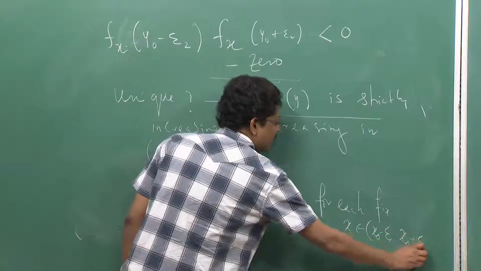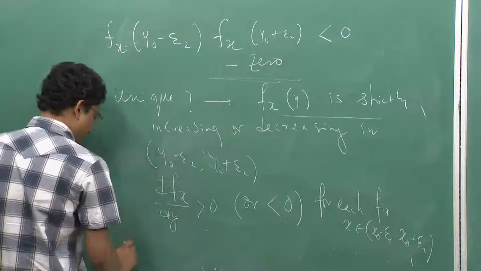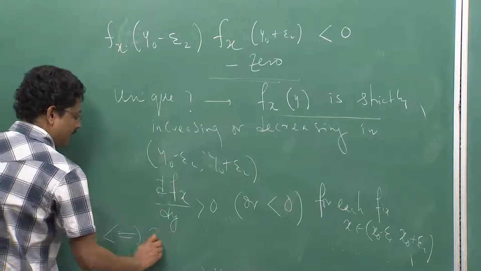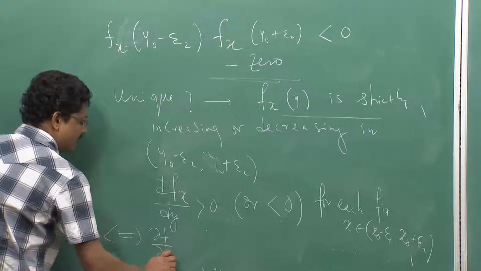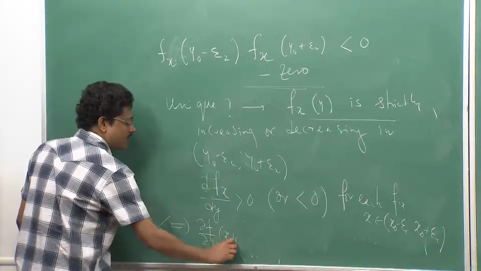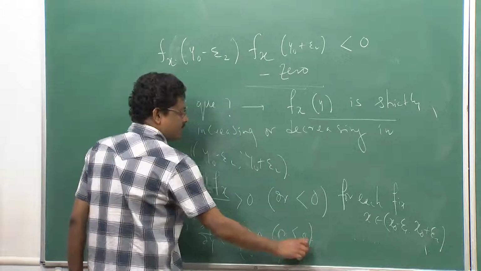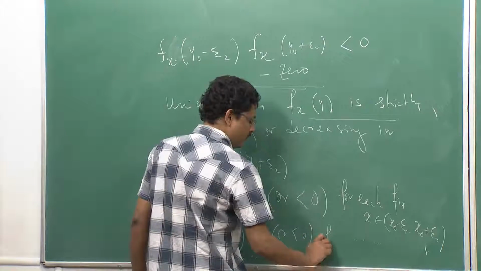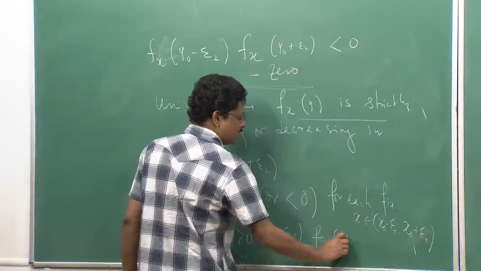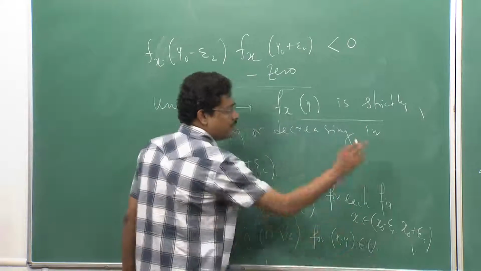So, that is to say, in terms of f, del f del y (x, y) is strictly greater than 0 or strictly less than 0 for (x, y) in the interval you have decided.